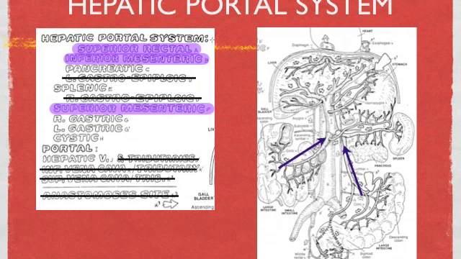Superior mesenteric is draining from, just like it did in the arteries, the ascending colon, middle colon, from the right side of the abdominal cavity, as well as draining all of the small intestine. The splenic vein is draining from the spleen, as you see here. And then we have a loop of veins, just like the loop of artery that we saw.